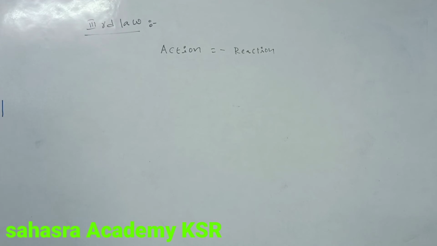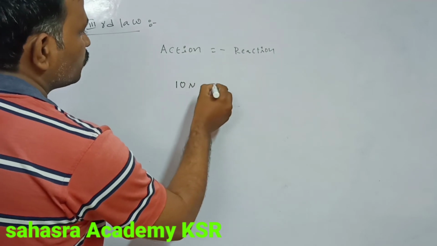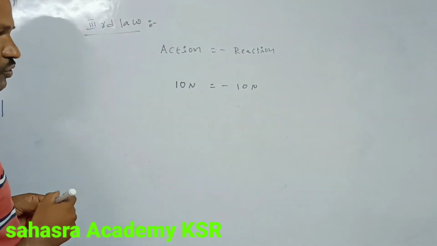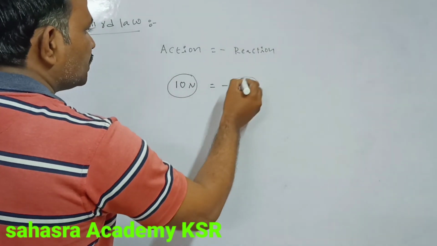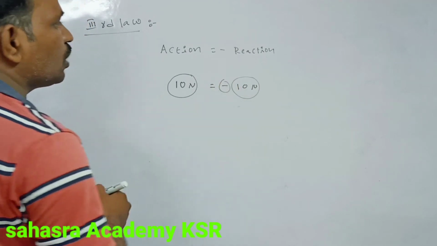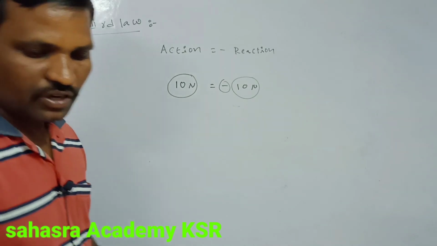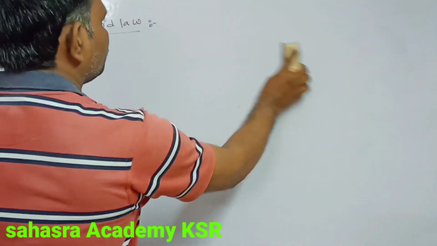For example, suppose you hit the ball with 10 newtons force, then the ball also comes back with 10 newtons force. That means action is equal to reaction, and this negative symbol is opposite direction. For every action there is equal and opposite reaction.